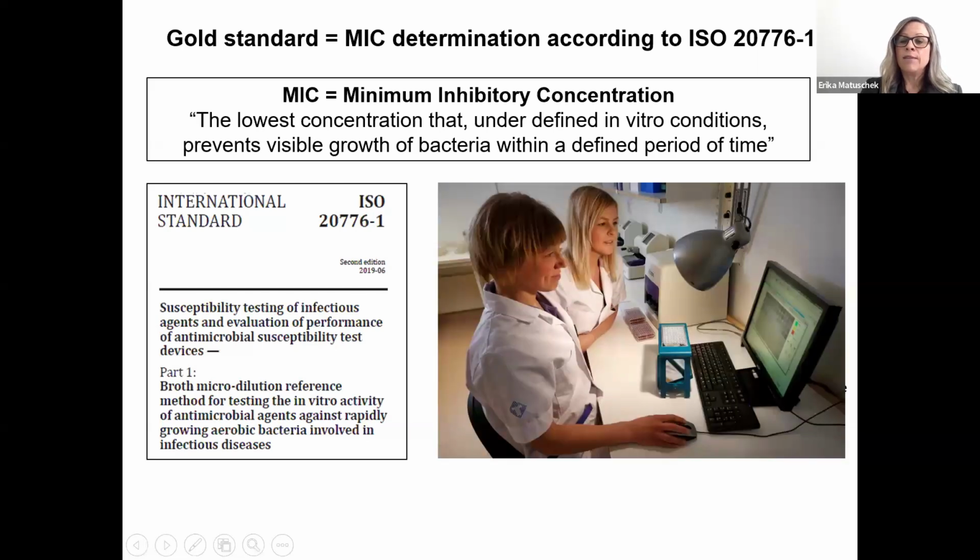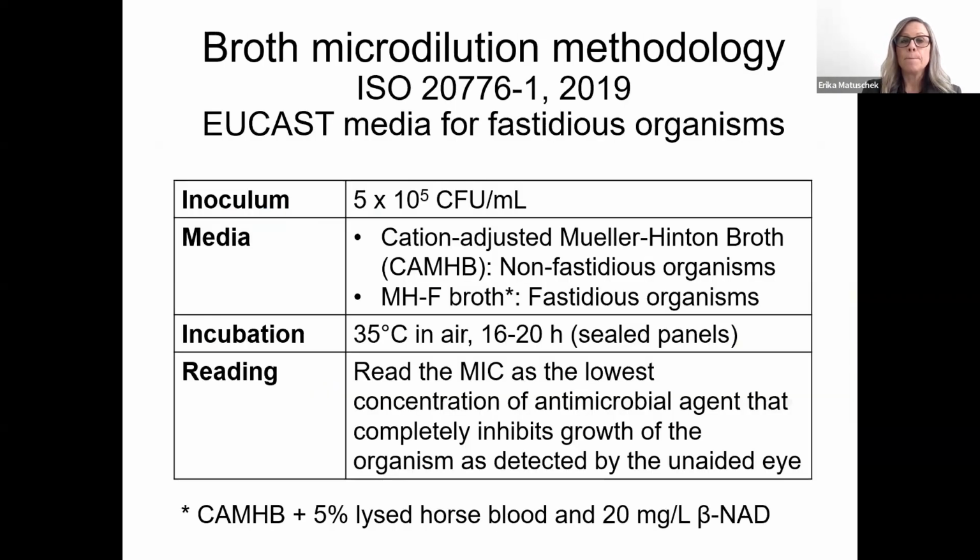Here you can see our setup at the EDL, where we have a camera unit connected to a software, but we would read the MICs manually. And we use an inverted mirror like this, which is useful because then you can see the growth from the bottom of the plate where you actually have the precipitated growth.